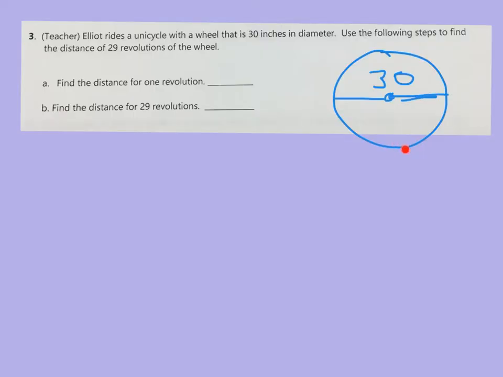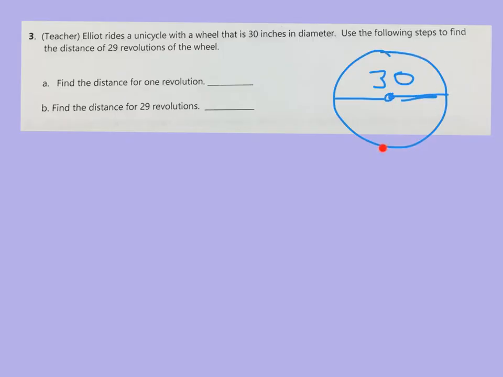As the wheel moves forward, that's how much distance it will go. So we need to find the circumference of this wheel. Imagine this wheel turning, and as it turns, it moves forward. In one revolution, what distance is that?